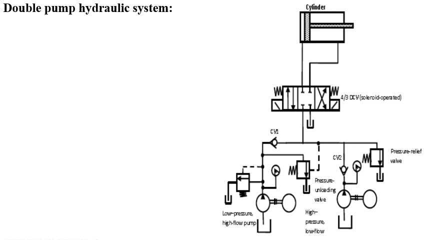I will repeat. A typical application is a sheet metal punch press in which the hydraulic cylinder must extend rapidly over a great distance with a low pressure but high flow requirement.